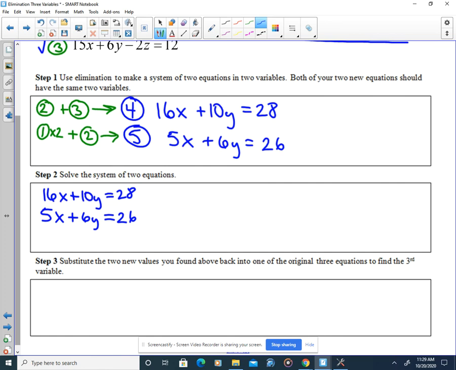Well, we can multiply the top equation by 6. Let's multiply this top equation by 6 and rewrite it. So we're going to take 16 times 6 is 96x. 6 times 10 is 60y. And then 6 times 28 is 168.